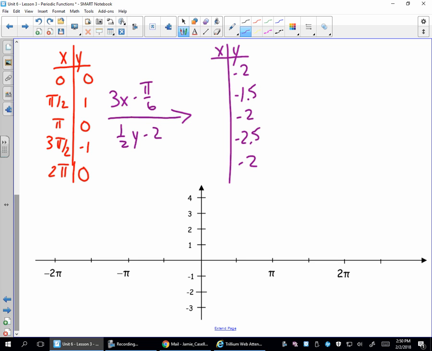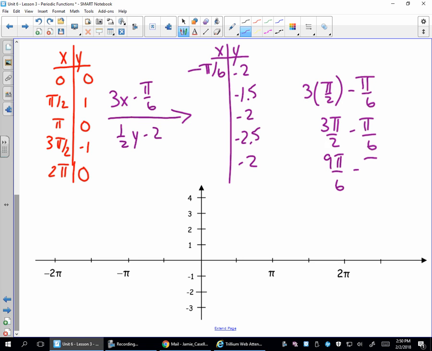If I triple it and then subtract pi over 6, that's a nice easy starting point. If I triple the next one, 3 times pi over 2 minus pi over 6, I get 3 pi over 2 minus pi over 6. Common denominator of 6 will give me 9 pi minus 1 pi, which is 8 pi over 6.